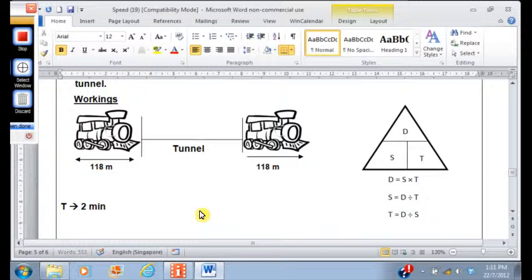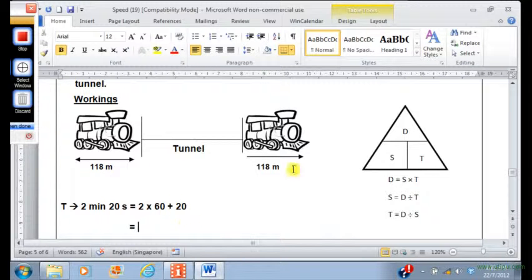Two minutes 20 seconds is equal to 2 times 60 plus 20. Why 2 times 60? Because 1 minute is 60 seconds. So 2 minutes will be 120 seconds. But I'm going to do it a little faster.